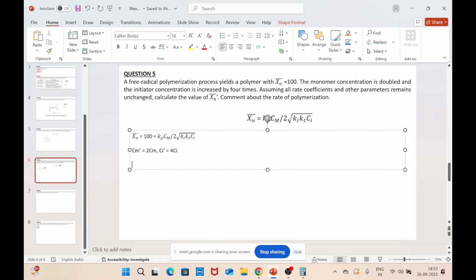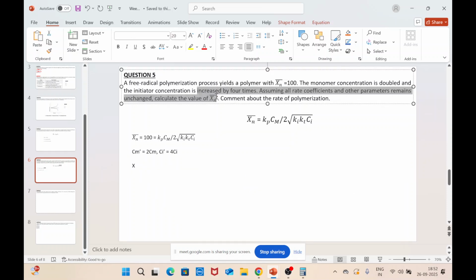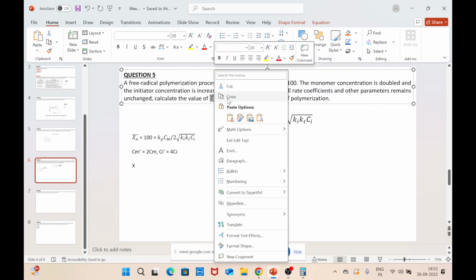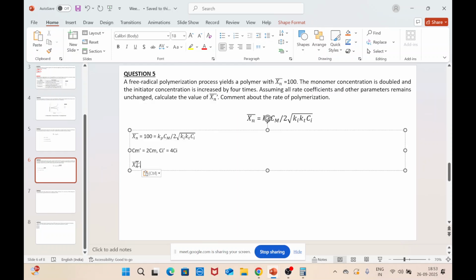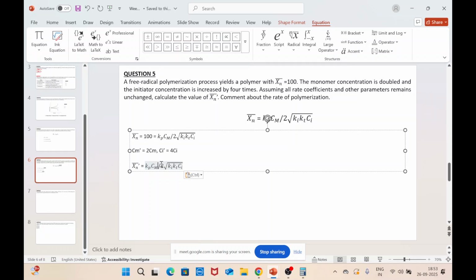Now substitute this. Then what you will get is Xn dash, and all the other parameters are going to remain unchanged. So let's copy this equation: Kp Cm dash over 2 root Ki Kt Ci dash. Kt and Ki are also going to remain the same. It's only the Ci which is going to change.